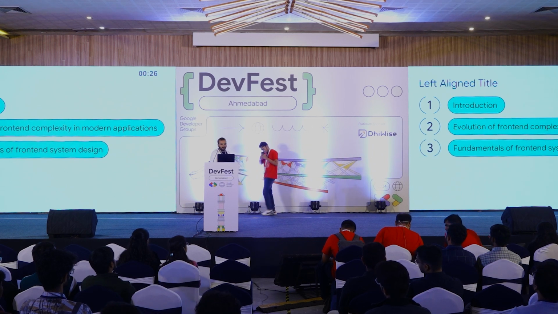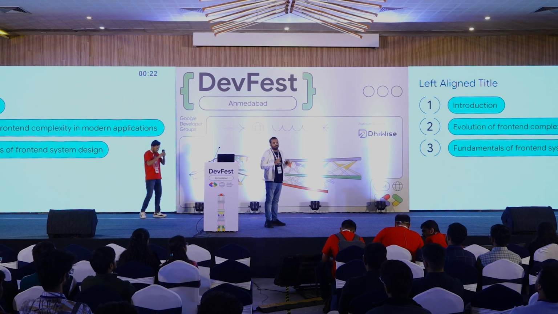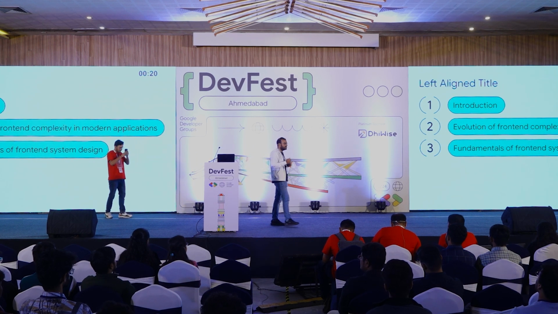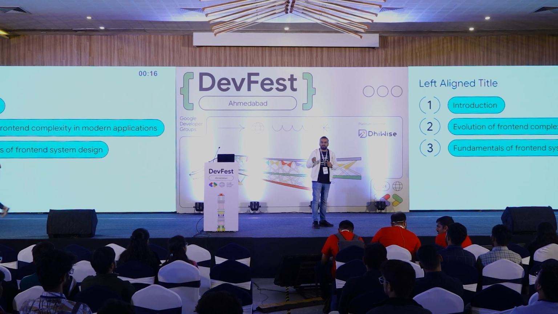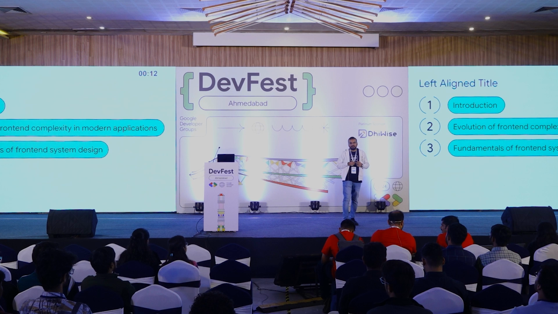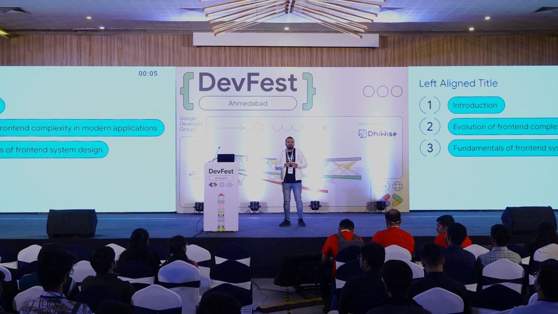Then fundamentals of front-end system design. I think the majority of the things remain the same in terms of basics. But then there are specific things which only affect front-end, right? And then when we start coding, we say, okay, 1 + 1 = 2, we are done. But that's where it all starts, right?